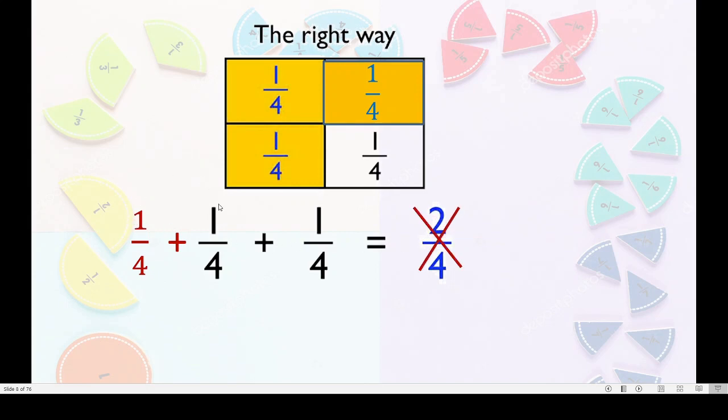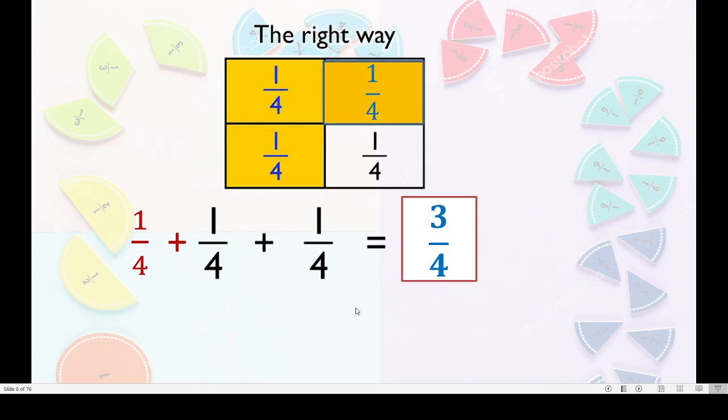Because 1 plus 1 plus 1 is nothing but 3 upon 4. Right? How we added now? We added all the numerators. Denominator is same here. Because the same object we divided into 4 equal parts and 3 parts are shaded. So 3 upon 4 is the answer.